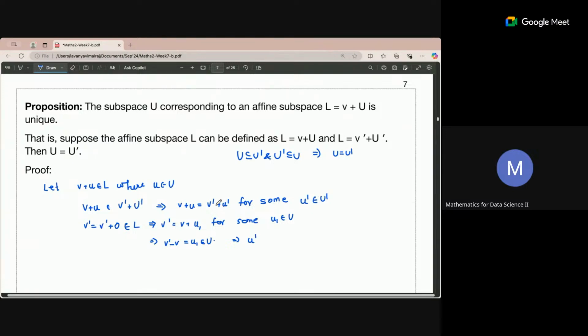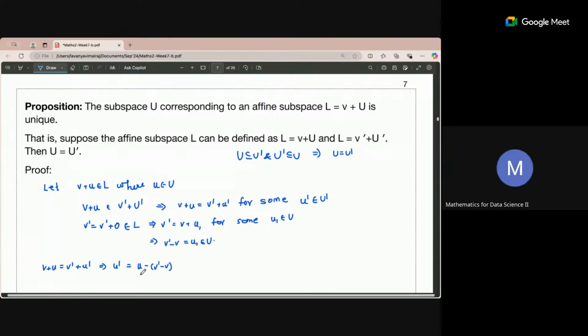Here is your U dash. V plus U is equal to V dash plus U dash implies U dash is equal to U minus V dash minus V. Correct?